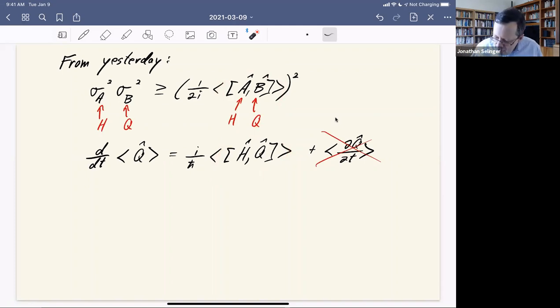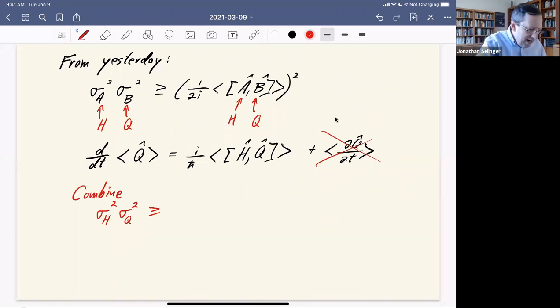Then we could combine and say the uncertainty in the Hamiltonian, the energy, times the uncertainty in this other thing, whatever it is, is greater than or equal to, what?